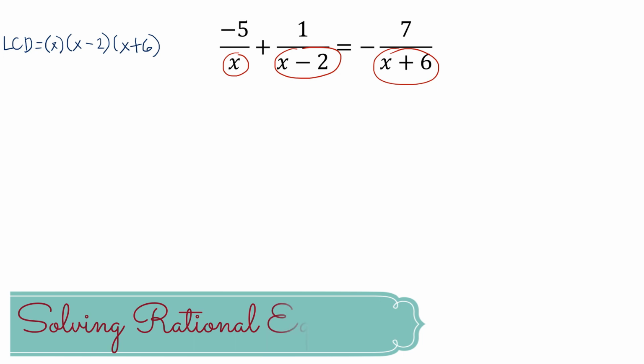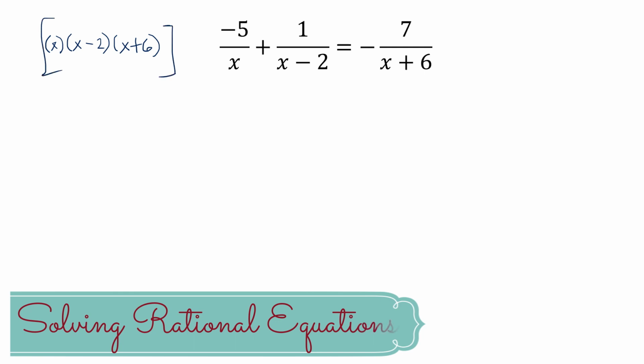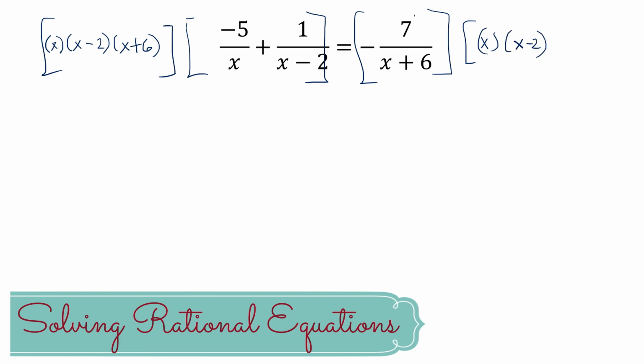Next, after getting the LCD, just like what we did in the first example, we multiply the LCD to both sides of the equation. Okay, so multiply the LCD to both sides of the equation.